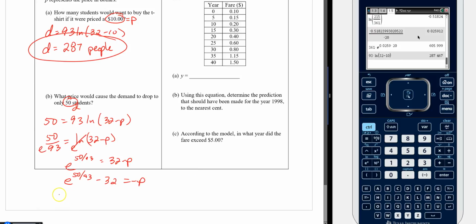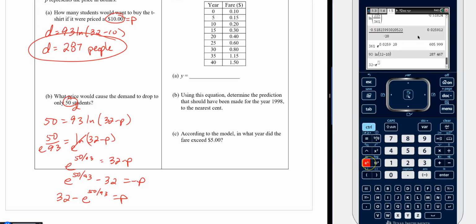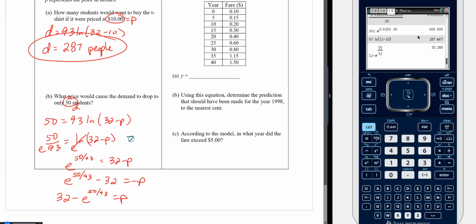So that's going to make it 32 minus e to the 50 over 93 equals P. And we're going to go to our calculator for that final part. 32 minus e to the 50 over 93, and that's going to give me 30.288. So P would be about $30.29.